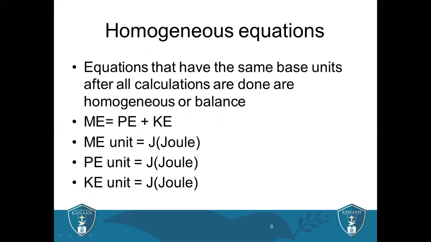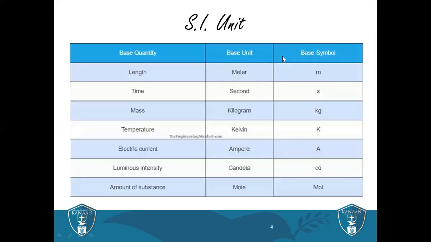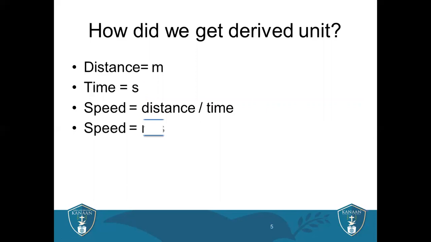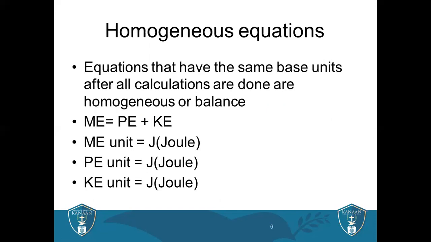Okay, homogeneous equation. Equations that have the same units on both sides after all the calculations are done are homogeneous, or balanced. Actually, it should probably be derived units, since mechanical energy (ME), potential energy (PE), and kinetic energy (KE) are calculated.